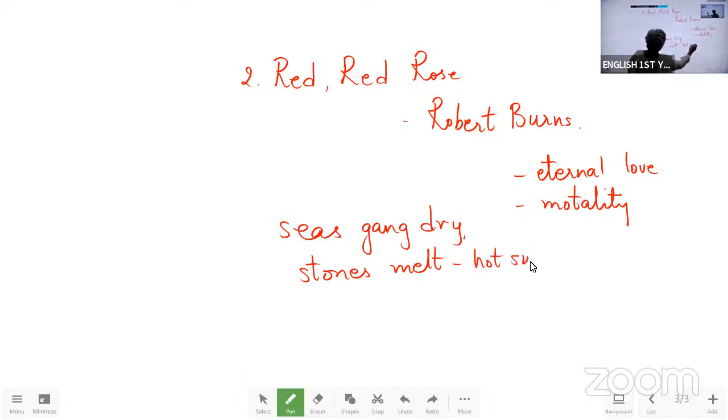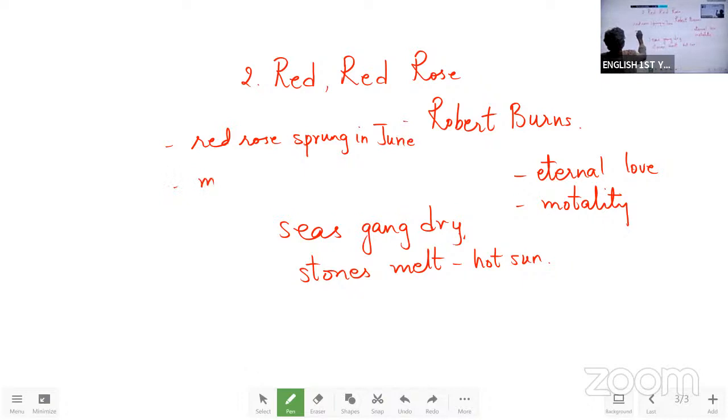Is this possible? Both are not possible. And he also compares her not only with a red rose newly sprung in June, but also with a melodious song. So the whole poem revolves around his love for his beloved.